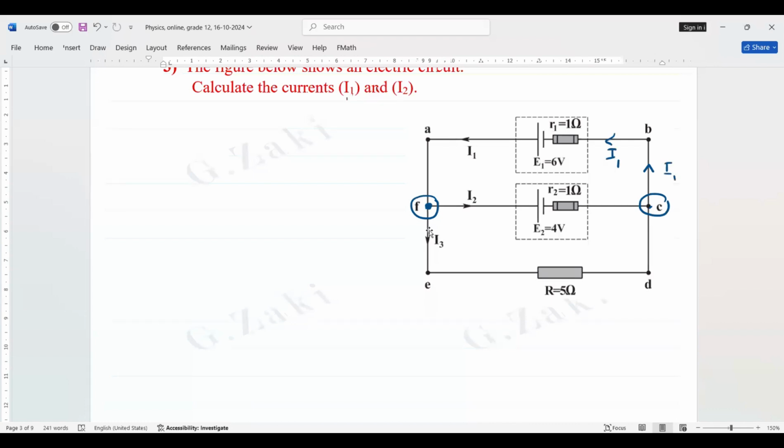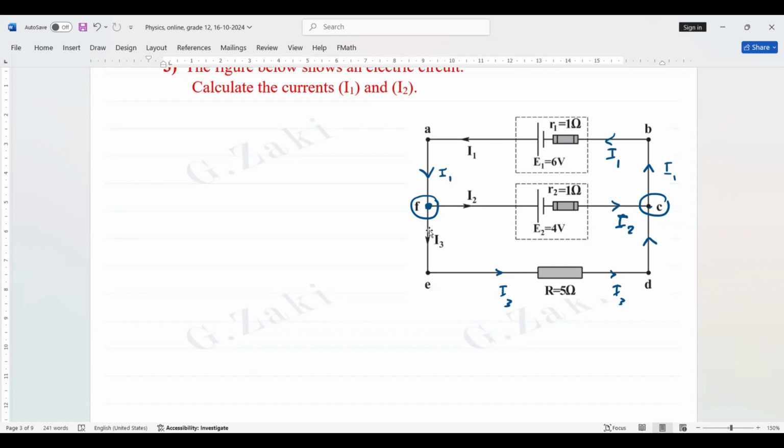And ends at junction F. I2 starts at F and ends at junction C. I3 starts at F and ends at C. So all the currents start at one junction and end at the other junction.